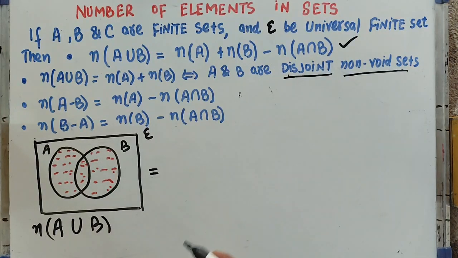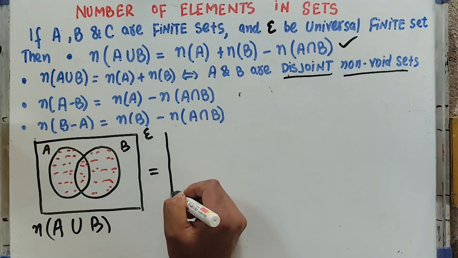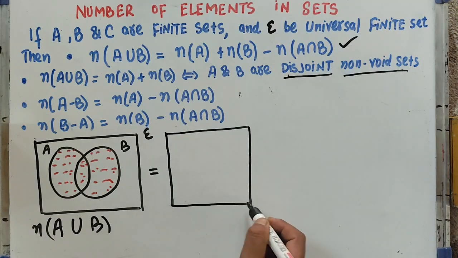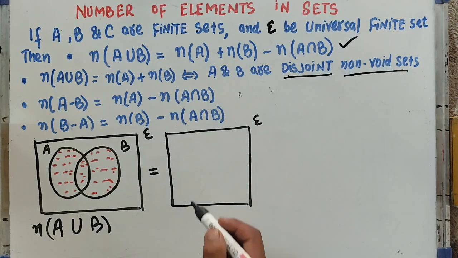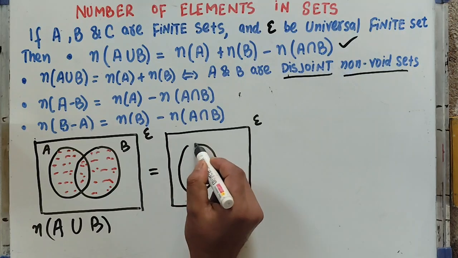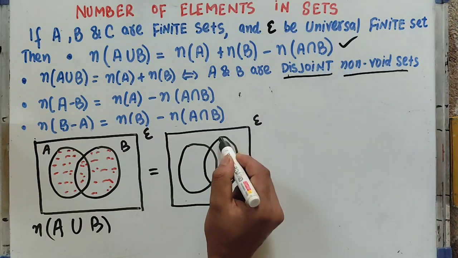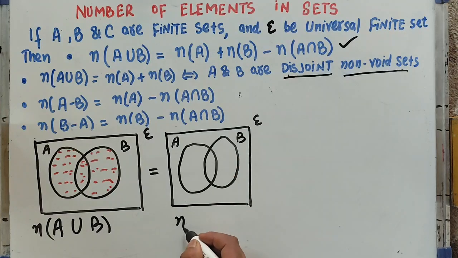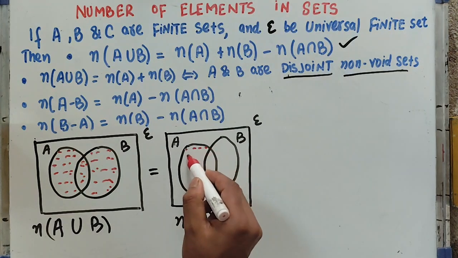A union B will be equal to, again let us draw the same Venn diagram, so we have set A, set B. It will be equal to the number of elements in set A. So it will be this very region, so let us shade this region.